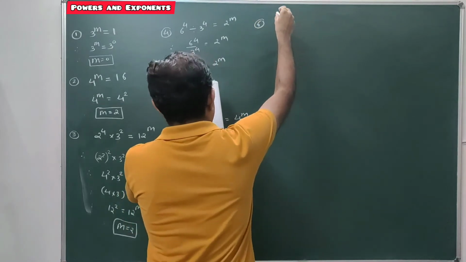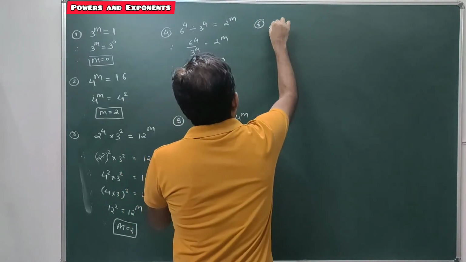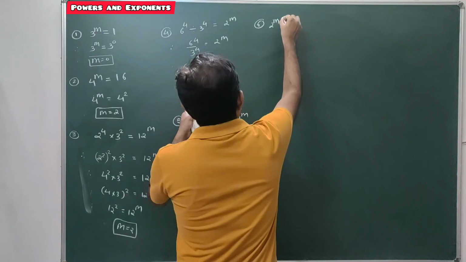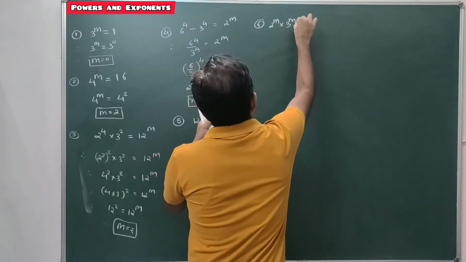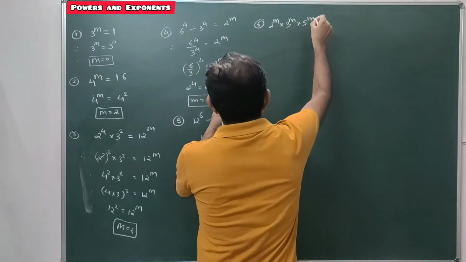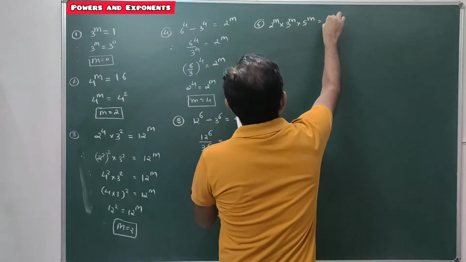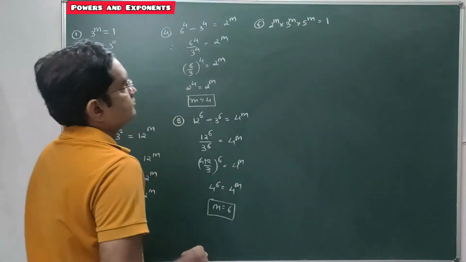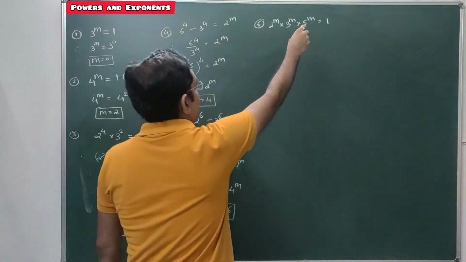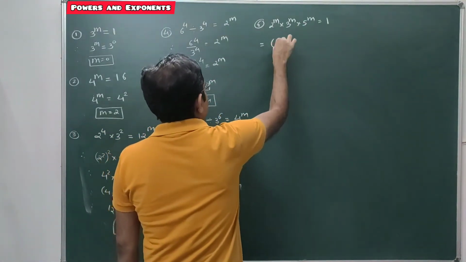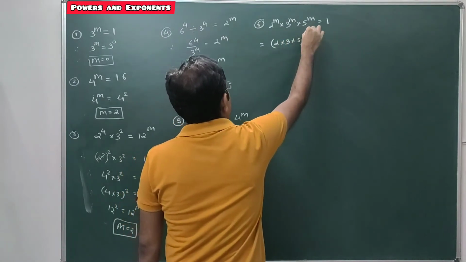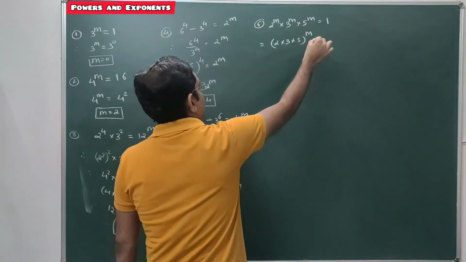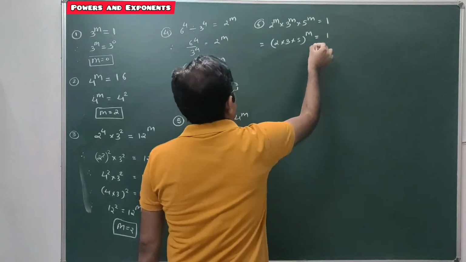Question number 6. It's 2 raised to m multiplied by 3 raised to m multiplied by 5 raised to m equal to 1. So here we can take this m as common. So this is equal to 2 into 3 into 5, whole raised to m, equal to 1.